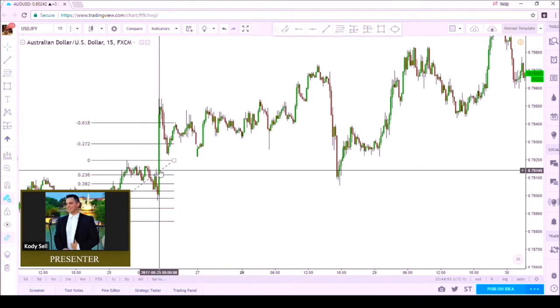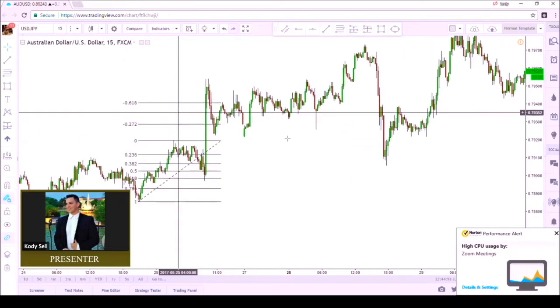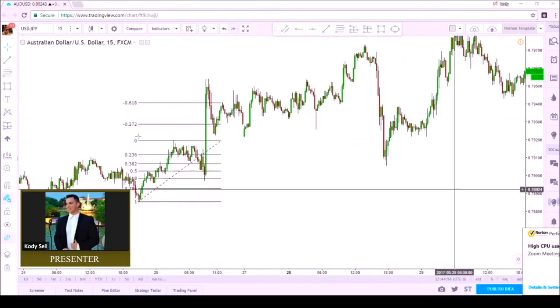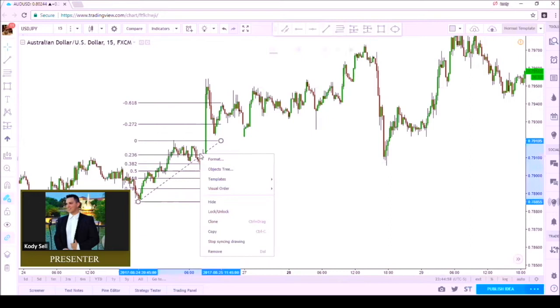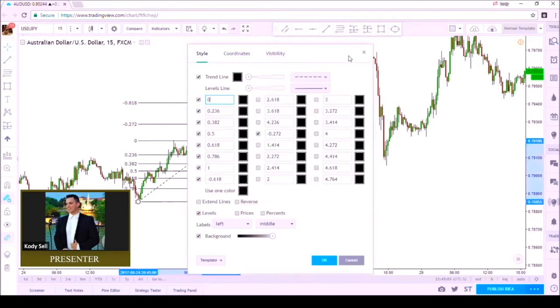Now, when you first get your Fibonacci, you're not going to have the numbers that are important. So you're going to want to right-click, format, and adjust your fib levels to what you need. You're going to want the 0 level, the 23.6 level, the 38.2 level, the 50, the 61.8, the 78.6, the 1 or 100, and then you're going to want to create this level here.